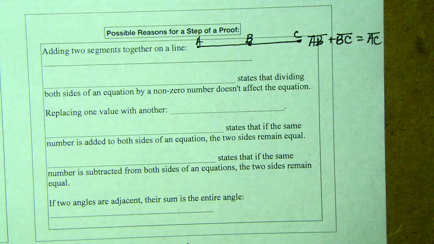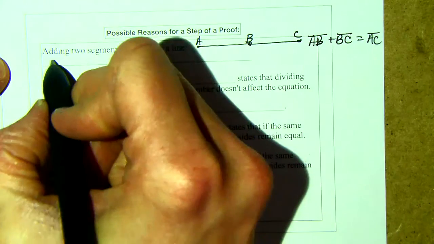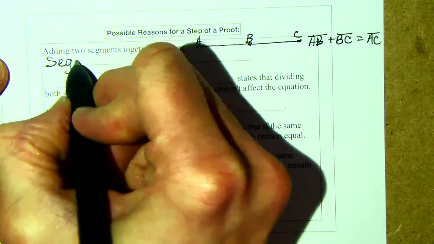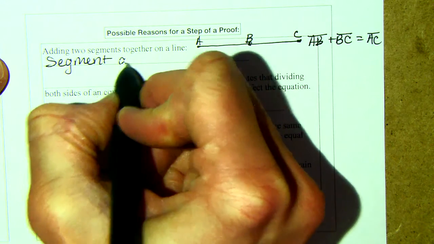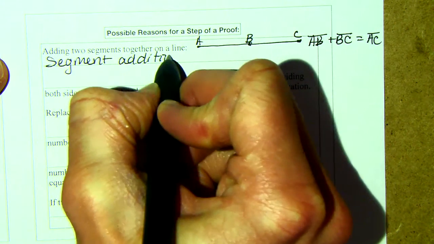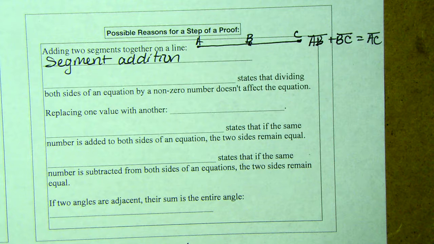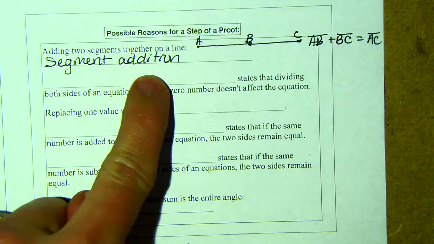Because the first one plus the second equals the whole thing, right? So we call that segment addition. If you have one segment and they break it into two parts and they tell you this part plus this part equals the whole thing, I feel like that's common sense, but the reason for that is segment addition.